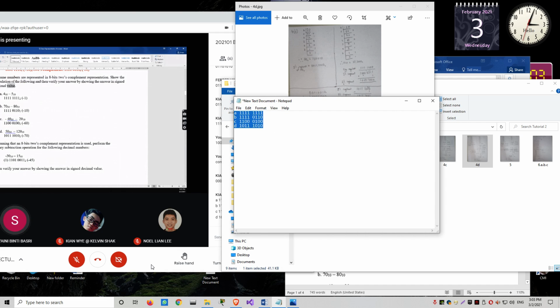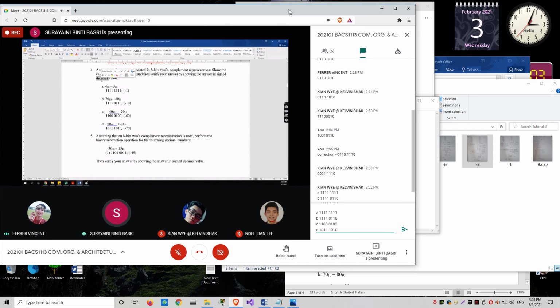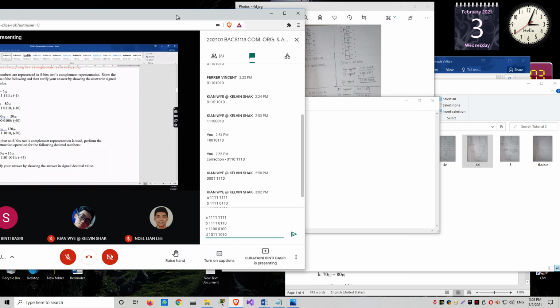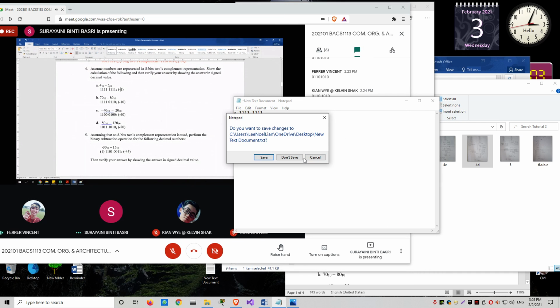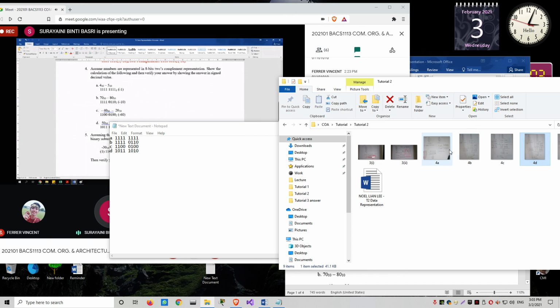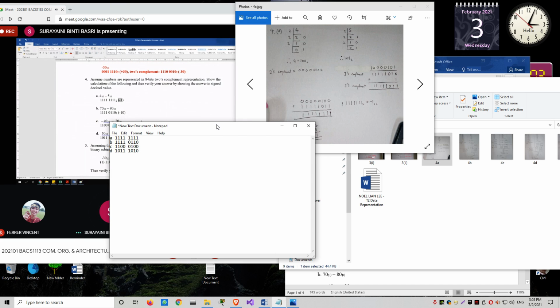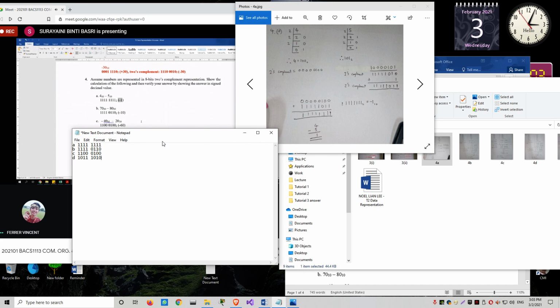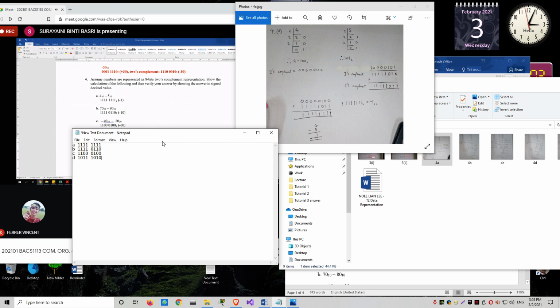Yeah, because it says by showing the answer in signed decimal value. So after you do the operation like minus or plus, then you change it back to its decimal form.